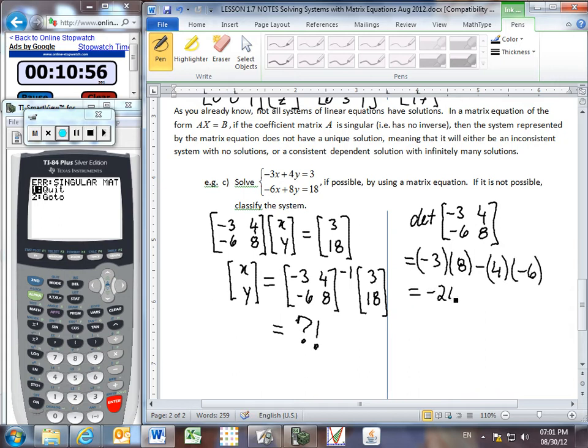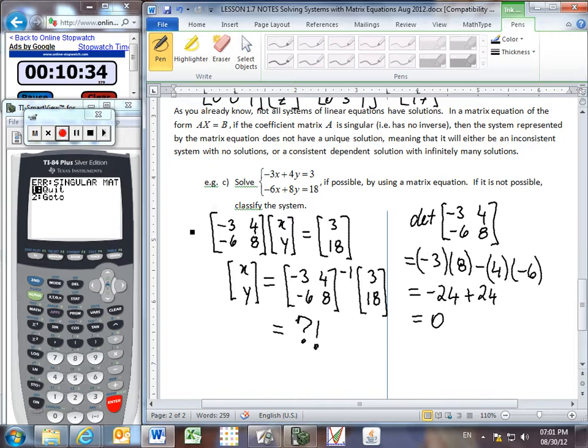This gives us -24 minus 24... -24 minus -24, and that equals 0. And because you have a determinant equal to 0, it is a singular matrix. That is to say that our coefficient matrix does not have an inverse. The inverse does not exist. So it's impossible for us to pre-multiply both sides by this inverse that does not exist.